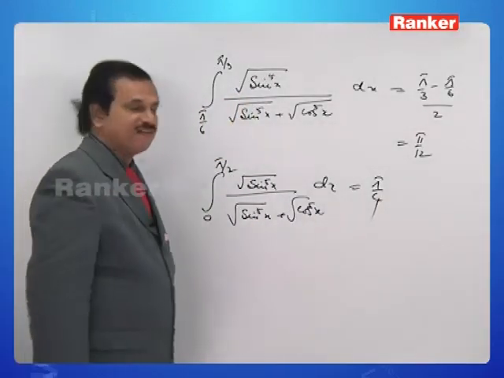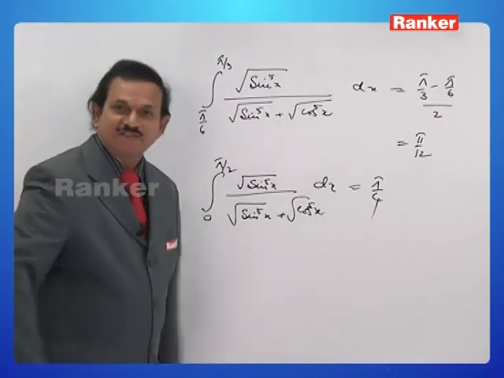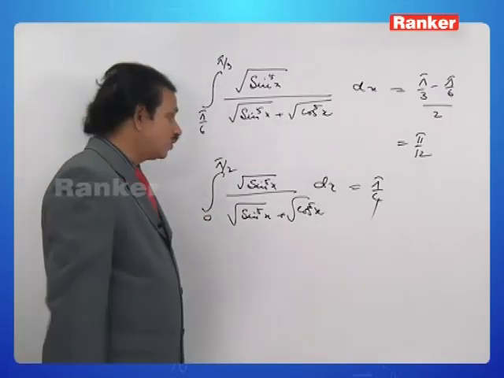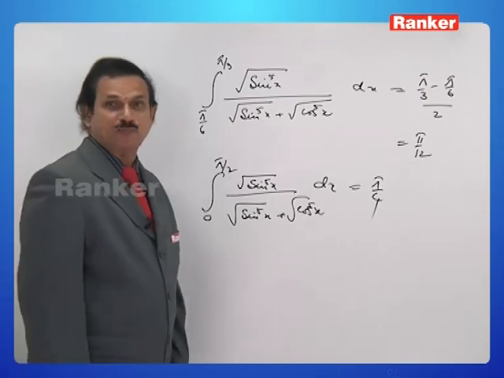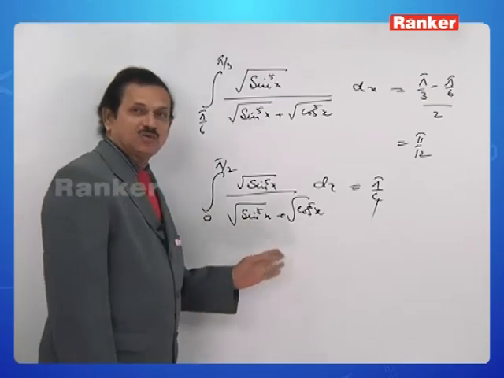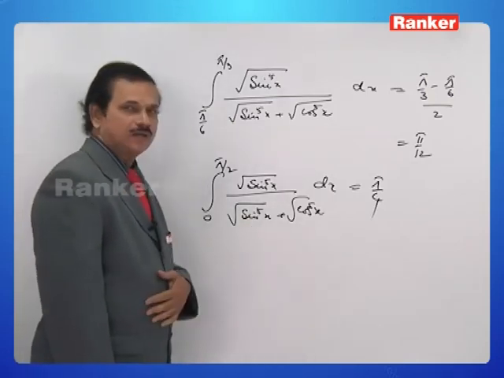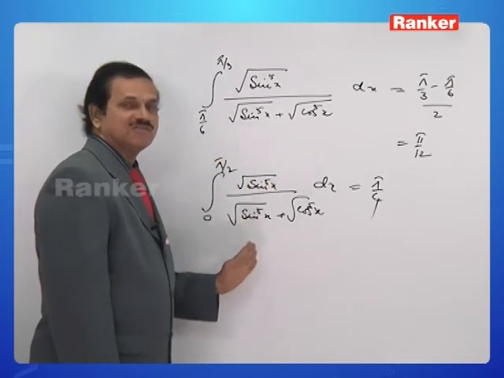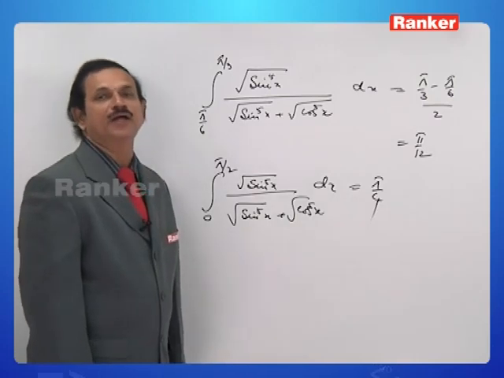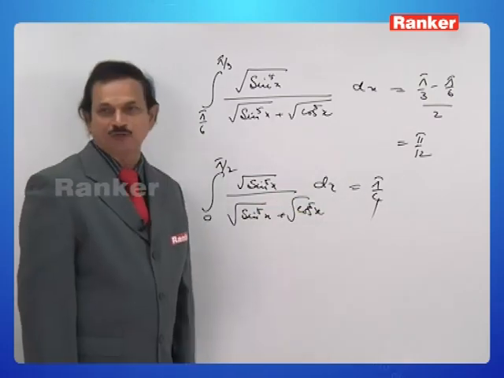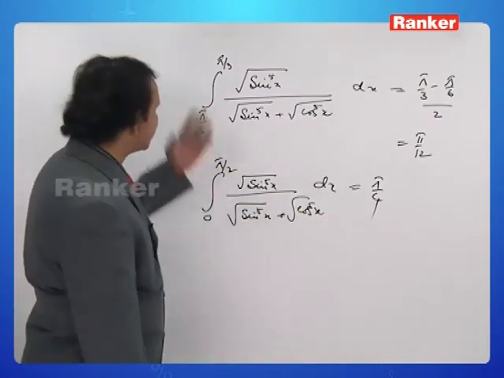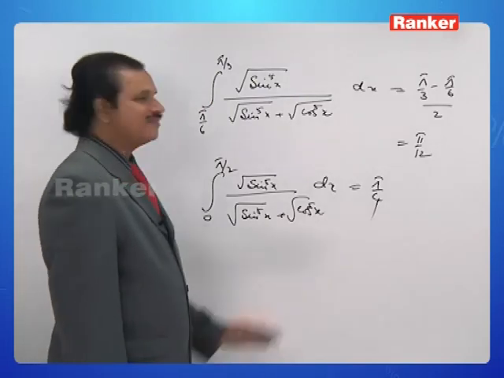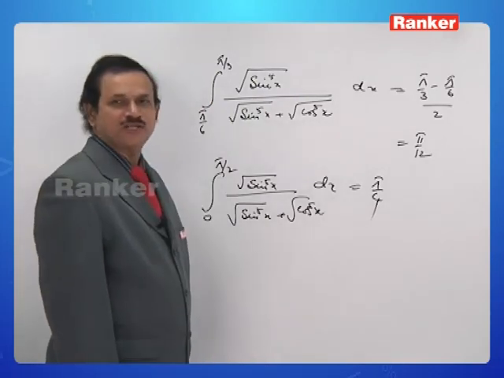What is the basic formula that can be used? What is the basic strategy that you have to play in making an attack on the problem? This problem, integral 0 to a of f of x by f of x plus f of a minus x, is a by 2. That is pi by 2 by 2, pi by 4. But it is not such in this case. What is the formula that must be used here?